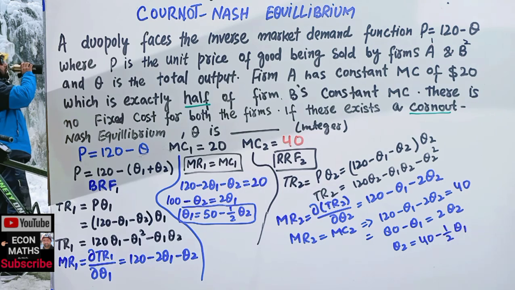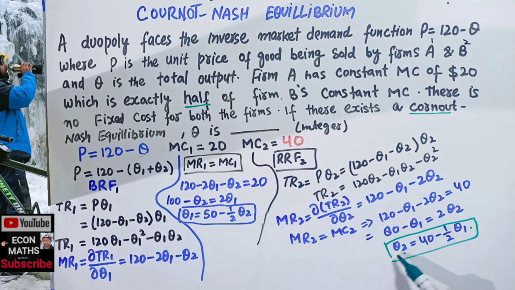I hope I am doing it correctly. Mistakes happen, I apologize for that, it is inevitable. So this is the best response function of firm 2, simply the optimal quantity that firm 2 should produce given firm 1 has produced Q1. This is called the BRF, or reaction function, of firm 2.